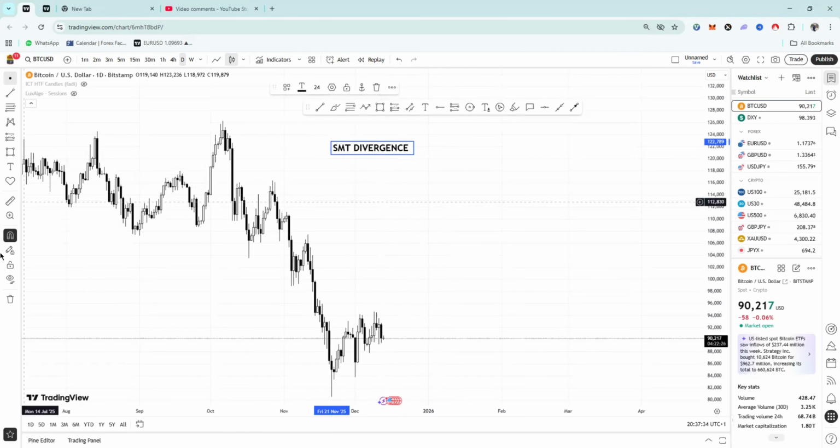Okay, like for example, when you're trading two assets, when you're trading Euro USD, what you're actually doing is you are trading the strength of Euro against the strength of the USD. That's simply what you're doing.